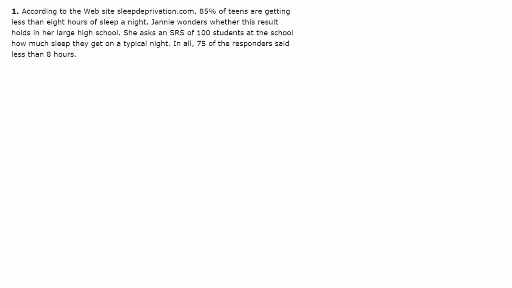So for our parameter here, we're going to be talking about a proportion, right? Because we're looking at 85%, and we're taking 100 students, 75 of them said that they get less than 8 hours.